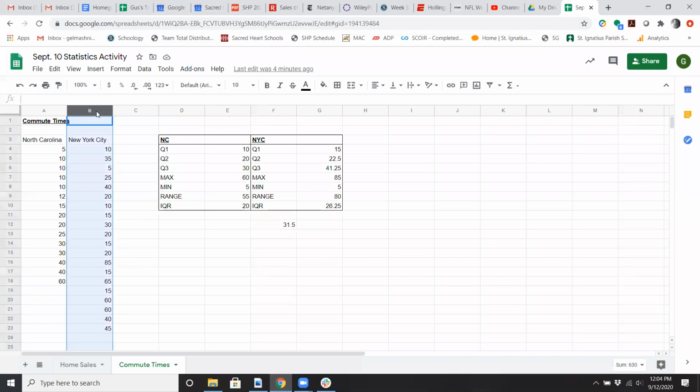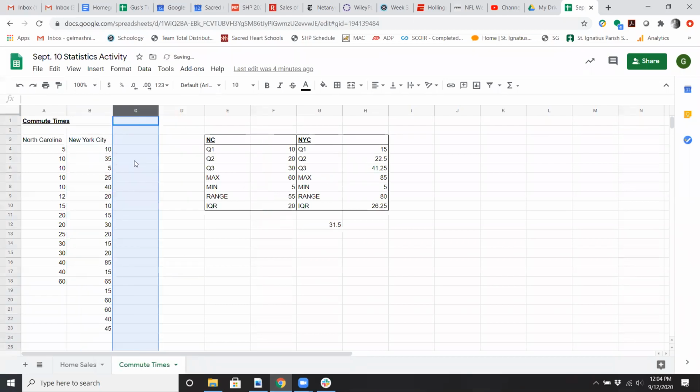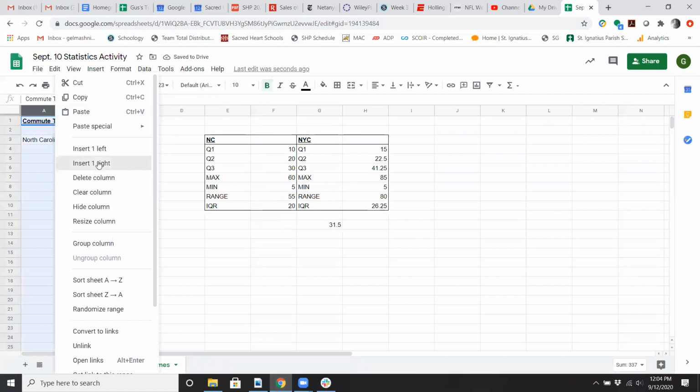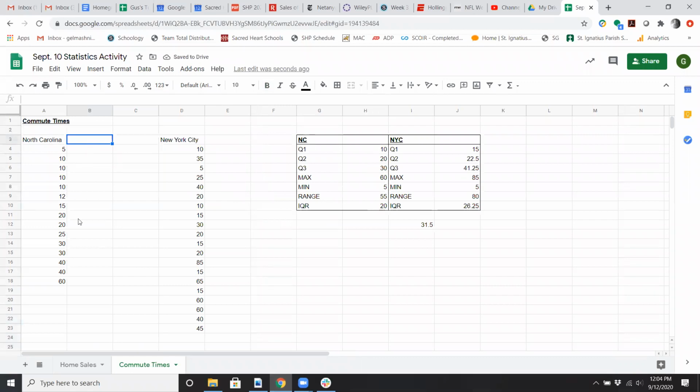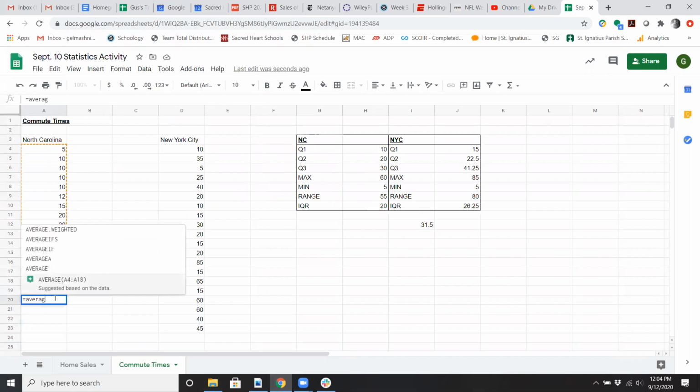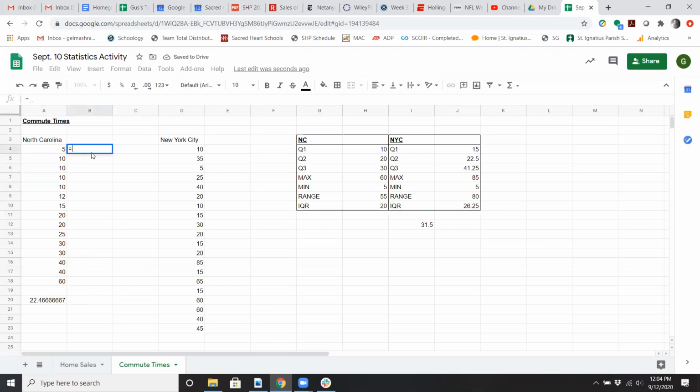Let me insert another column here, and let's calculate the average for North Carolina. So if I did equals A4 minus, I'll use a dollar sign $20, so that I'm always keeping it the same as the mean.